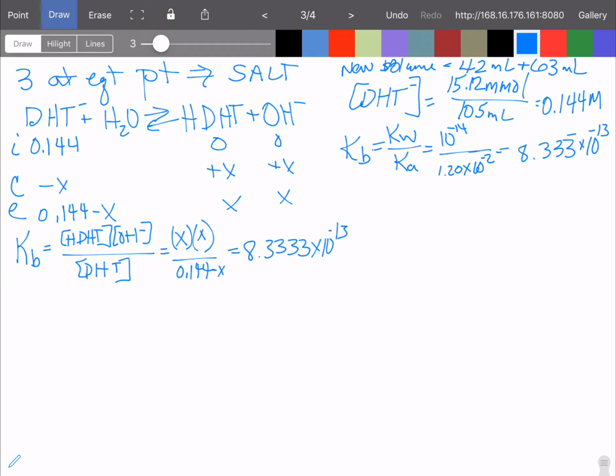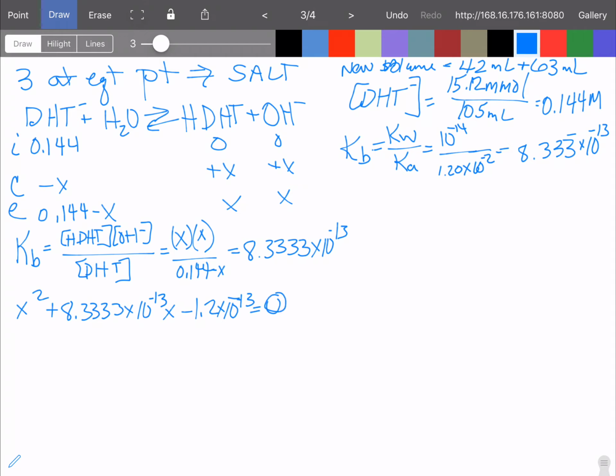So when we work this, we end up with X squared plus 8.3333 times 10 to the minus 13th X minus 1.2 times 10 to the minus 13th, which is 0.